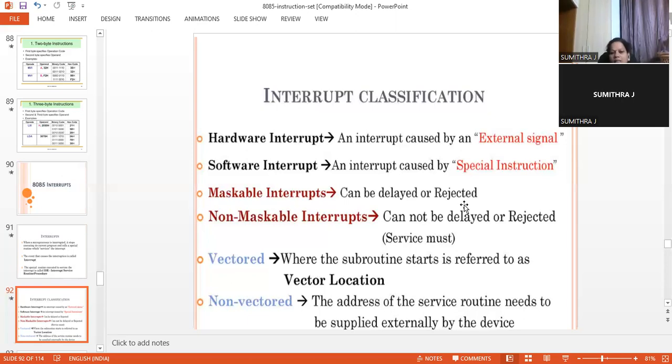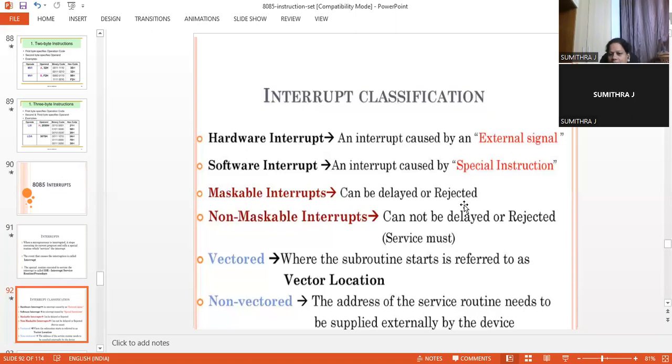Then coming to the last classification, vectored and non-vectored. Vectored interrupts are those which have a known location from where the interrupt has been made. For example, person C is asking for permission to go to the hospital. In that case, I know that the person is going to the hospital, right? And in the second case, person B is asking permission to go to the library. In that case also, the location where the person will go is known to us.